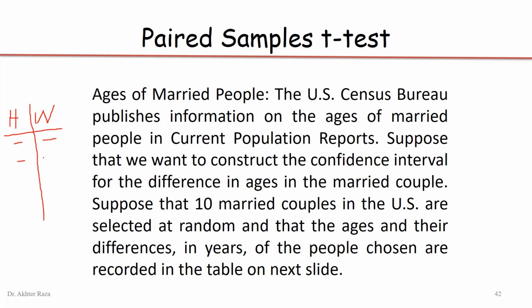Similarly, the second couple, up to the nth couple. The n couples we have, and both ages will be there. That is why we can call it paired data. Paired data can be solved by using the paired t-test. 10 married couples in the US are selected at random. So these are random samples. The ages and their differences in years of the people chosen are recorded in the table on the next slide.